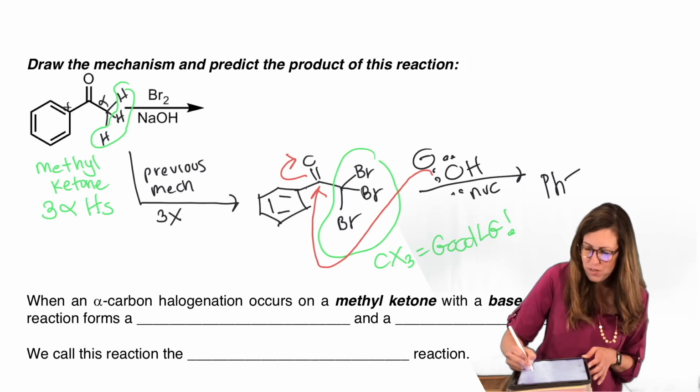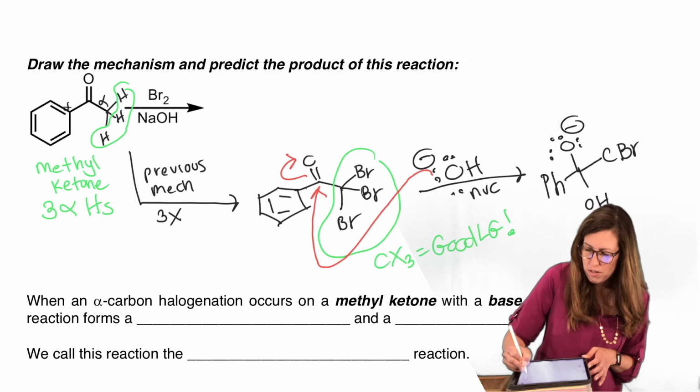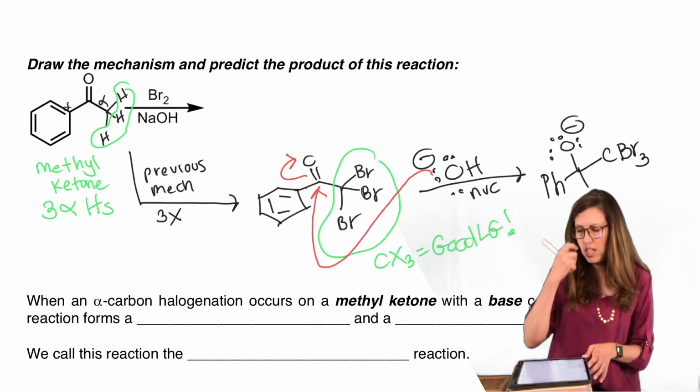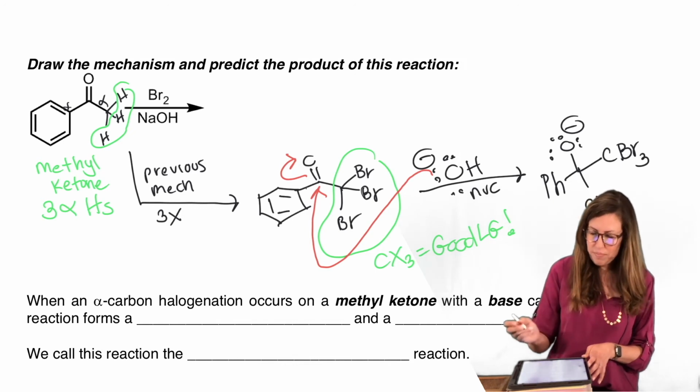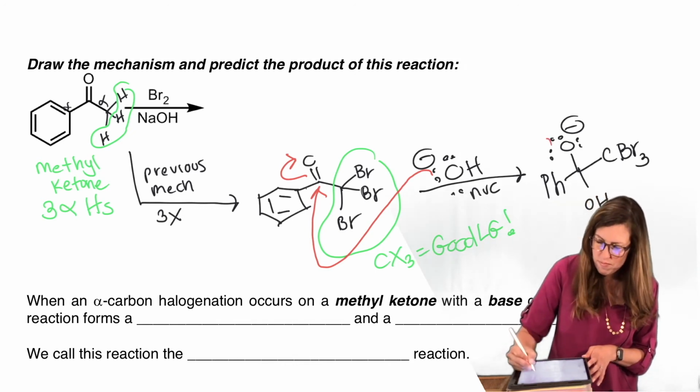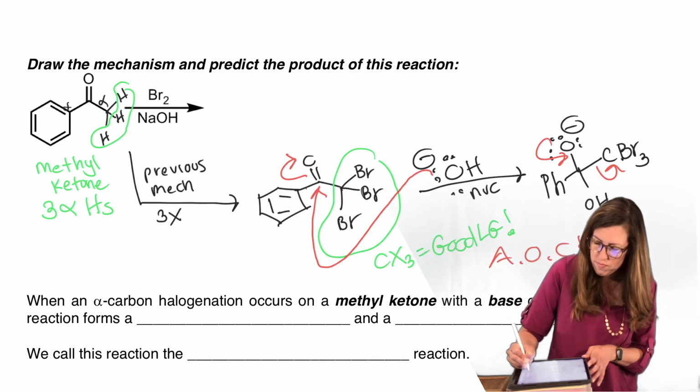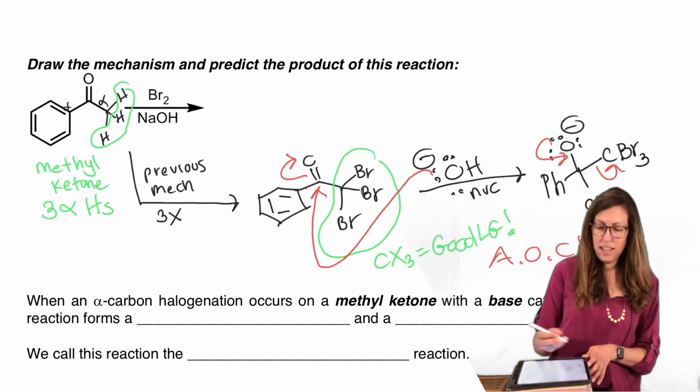So I'm drawing Ph for the phenyl ring, O minus. Who's there? Our new friend, the OH, that nucleophile. And I'm going to write CBr3. Because we have a good leaving group, close, kick. Okay, close, kick, once again.